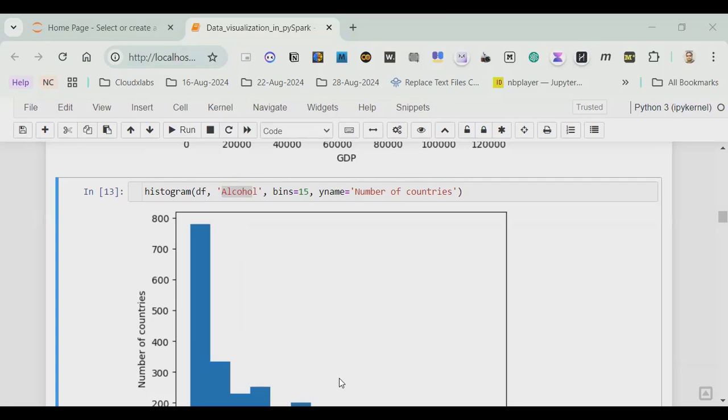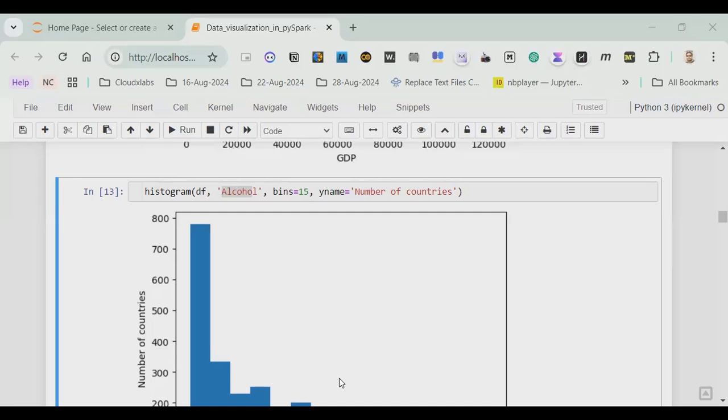Bins are nothing but intervals. In this case, I'm giving 15. Let me explain it clearly. Bins are intervals on the x-axis that group the data values. Next is y name, the y-axis name, which is very easy to understand.